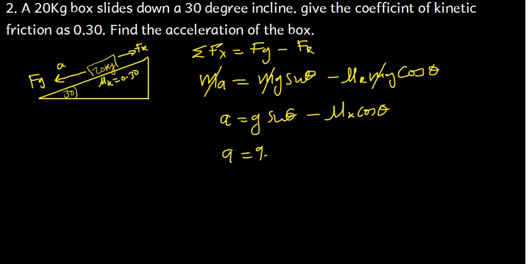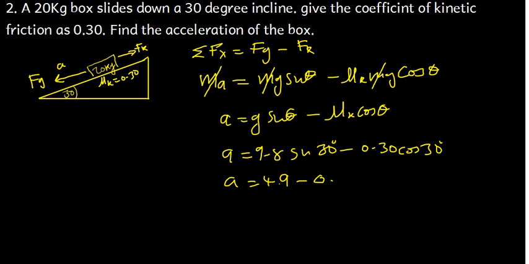So g is 9.8, and then sine of the angle theta is 30, and then minus mu k, which is 0.30, times cos 30 degrees. So punching on our calculator, 9.8 sine 30 degrees has given me 4.9, and then 0.30 cos 30 degrees has given me 0.2598.